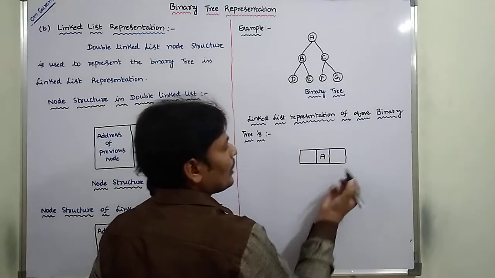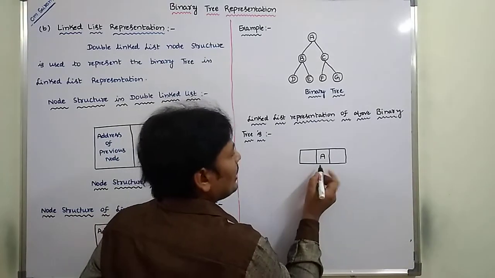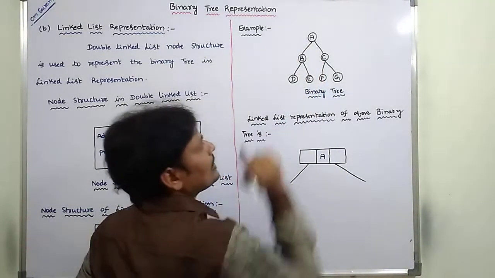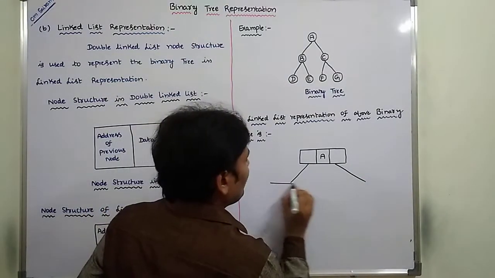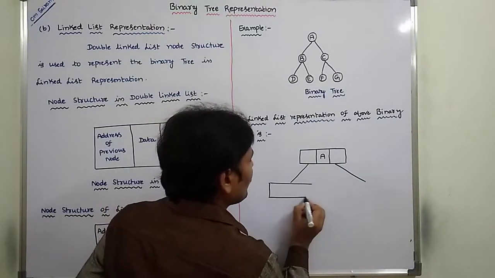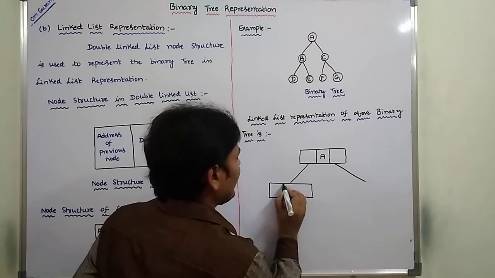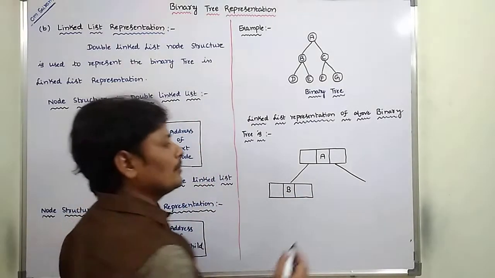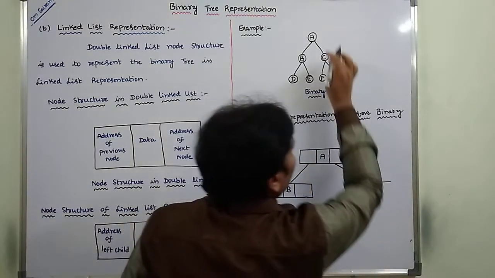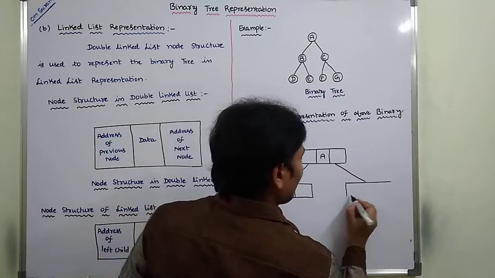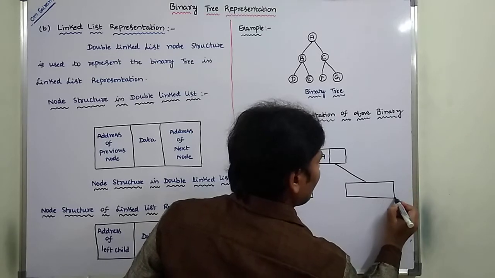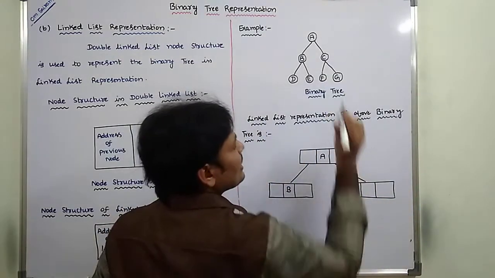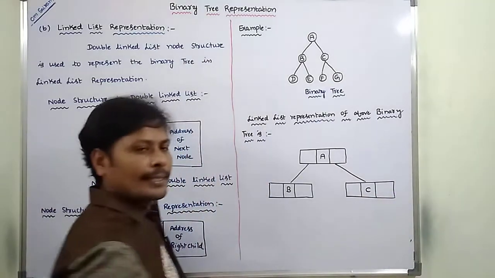Here node value is A. Next one, A left child is B. Here we have to create a node with three cells. In the middle cell, node value is there. Here A right child is C. Here we have to write node structure with the three parts. The middle part contains the node value, that is C.